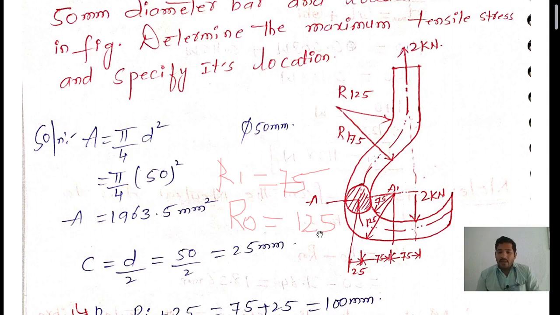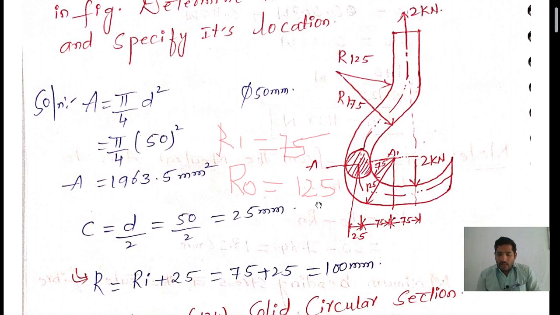Now the distance from this end to the centroidal axis: from here to here the distance is 75 mm, from the origin point to this inner point is again 75 mm, and from this line to the centroidal axis line is 25 mm. So we need to add 75 plus 25 to get the distance x.